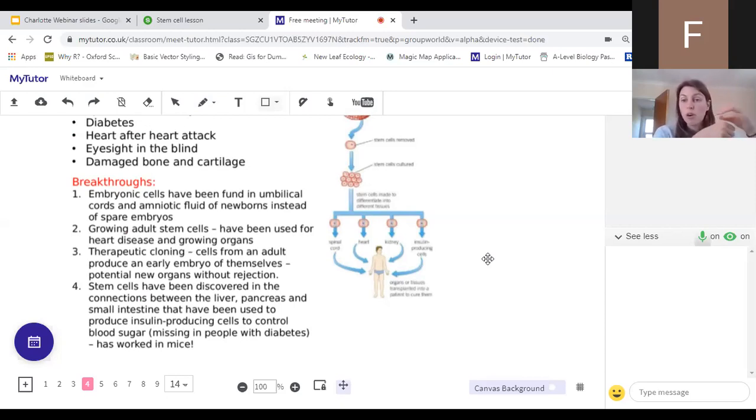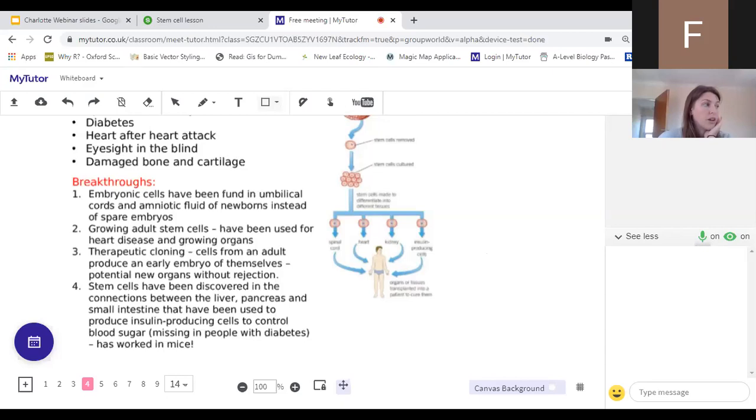That means that it's from your own DNA. That embryo could then be used as a source of embryonic stem cells, which could be used to create organs or anything else that might be needed and inserted into the patient without rejection, because the origin would be from the person themselves.